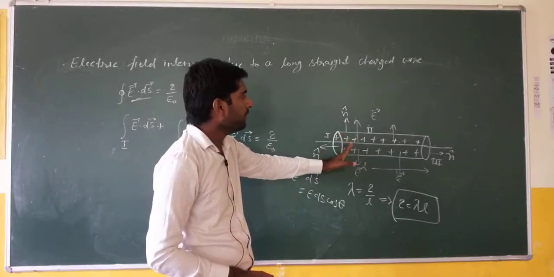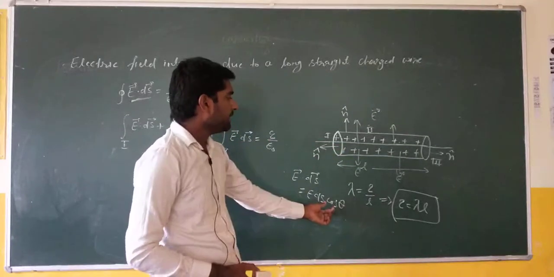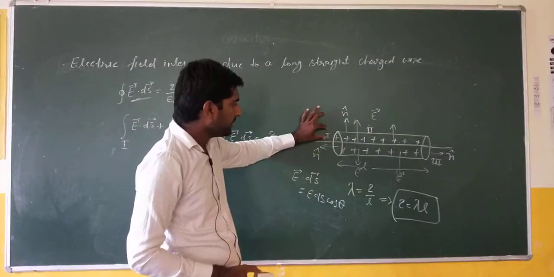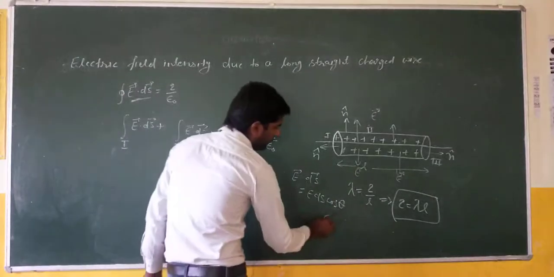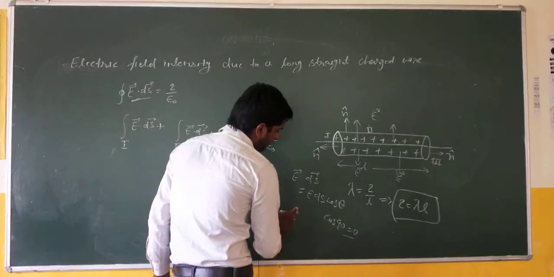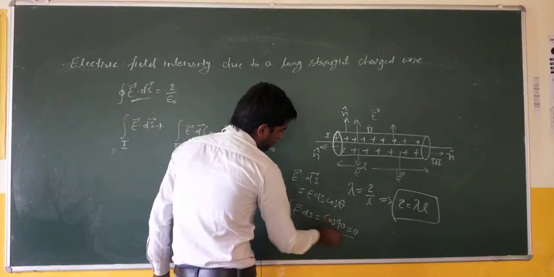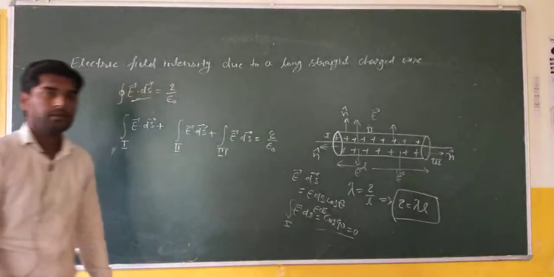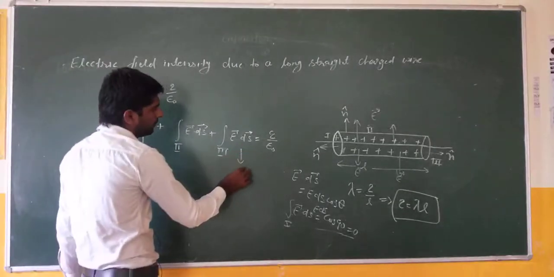The direction of electric field is in this direction, and the area vector is in this direction, so theta is the angle between them. In the first case, theta is equal to 90 degrees, so cos 90 is equal to 0. So the electric flux over the first face is equal to 0. This is also equal to 0.